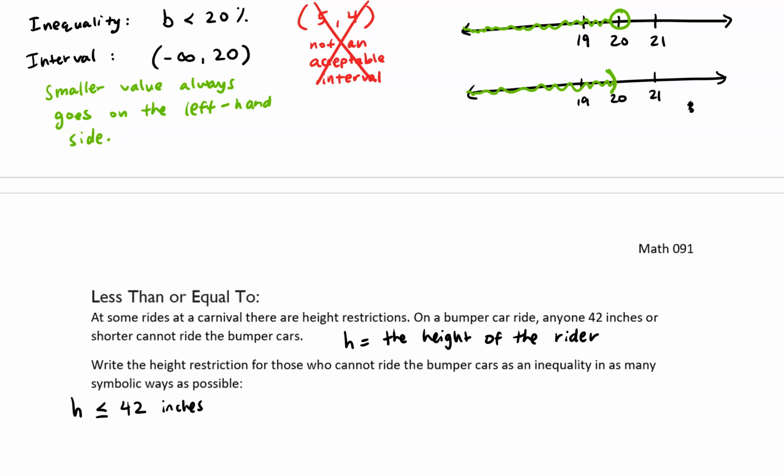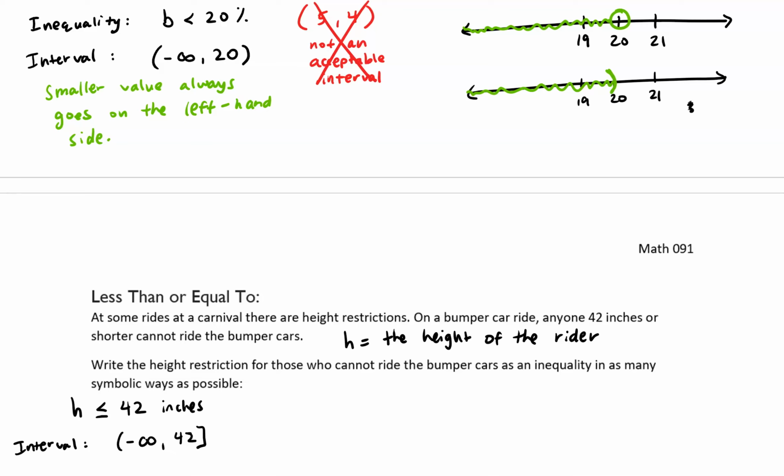now, because this is like a real world problem, I would be happy to accept two different answers. And it's just, I guess, how you think about it. You could say negative infinity to 42, and we would put a bracket around 42. But in reality, you can't really be a negative height.